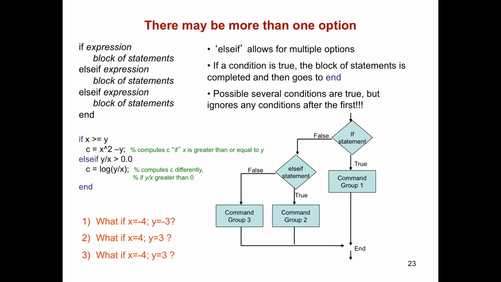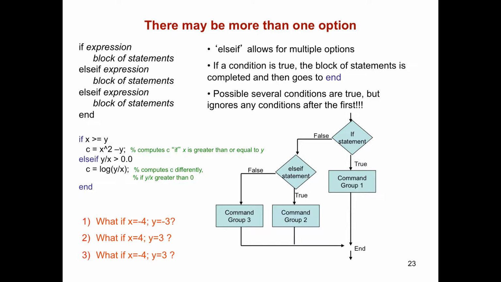You're done. But if this is not true, then you will go to the next line. So if it's not true, then you will check whether y divided by x is larger than 0. If it is, you're going to execute c as this. And right now there's nothing else here, so you're just going to end.